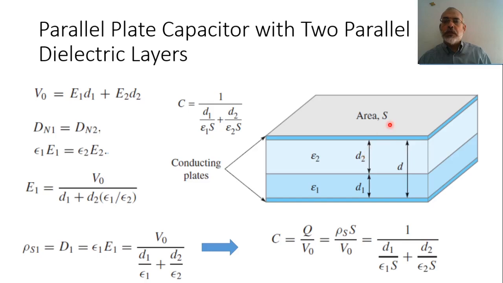Effectively, in this case, the charge density on the plate would be the same, but the electric field would not be the same along the two dielectrics, because the electric displacement depends on the dielectric constant.